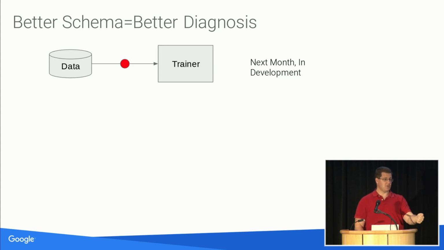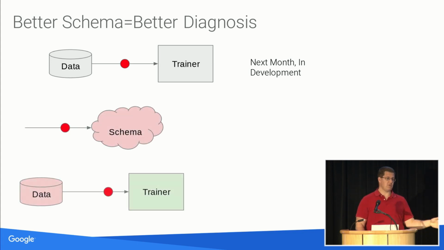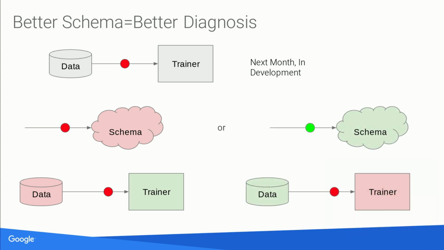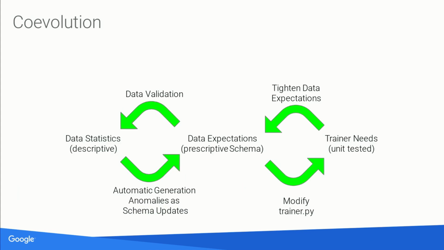So if we do in development have an error, if it violates the schema, then we know that we have a problem with the data. Or if it passes the schema, then we know we have a problem with the trainer. At least that's where we want to start looking, and we have a lot more confidence in how we start our debugging process. So this is basically our coevolution of data statistics and the schema and the trainer.